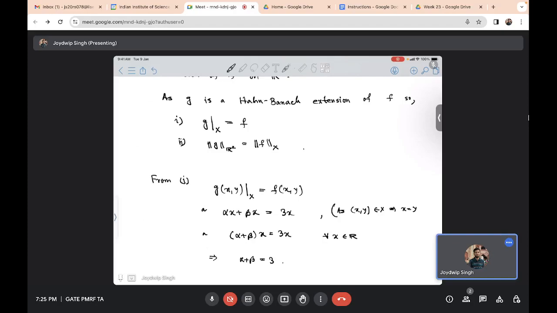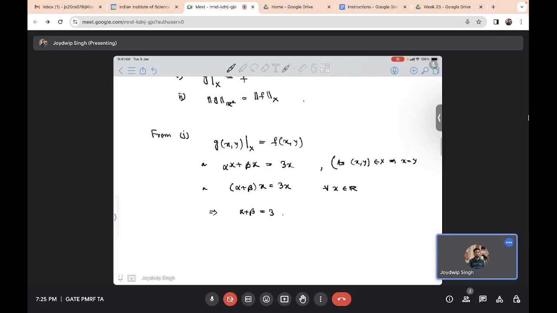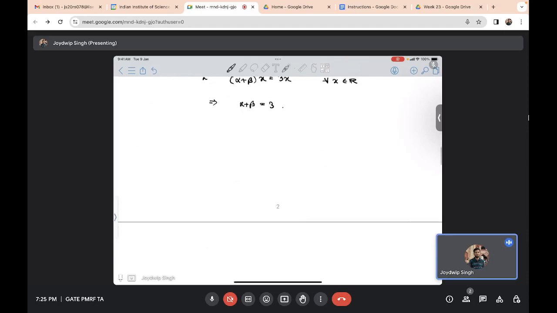Okay. So for that we need to compute the norm of F and the norm of G. So let's calculate the norm of F and the norm of G. So what is the norm of F on X?